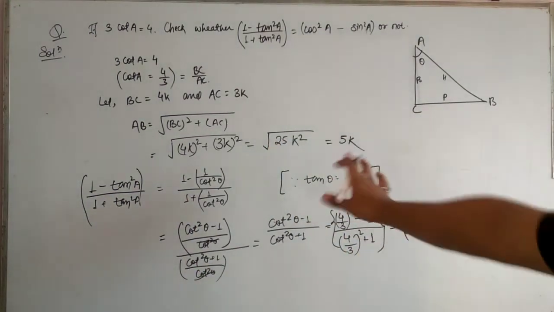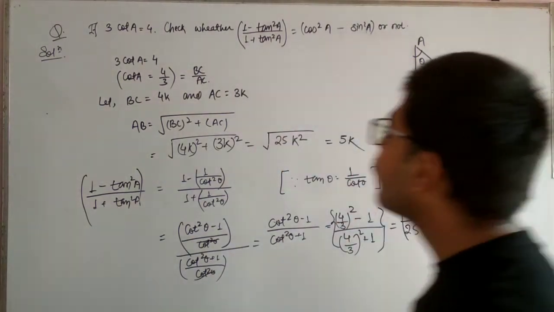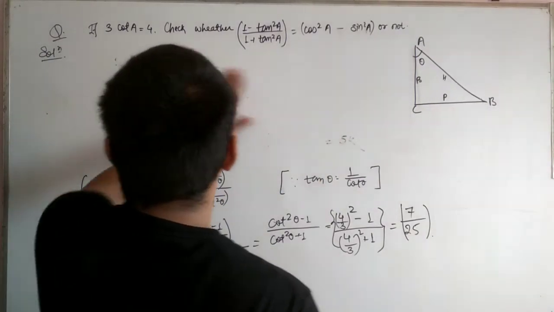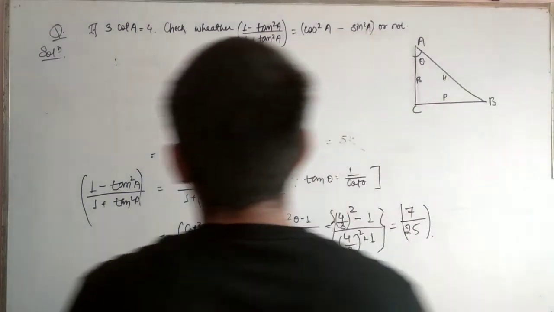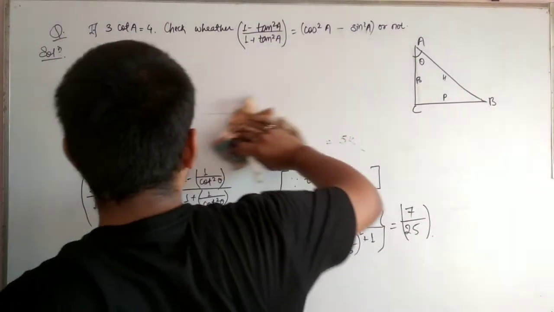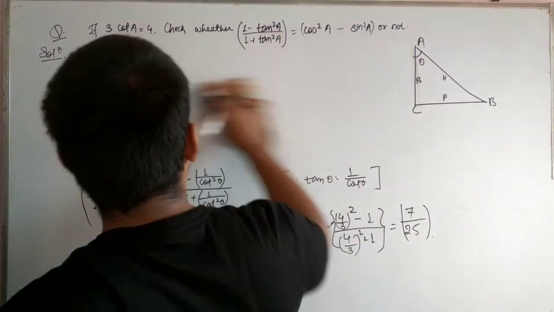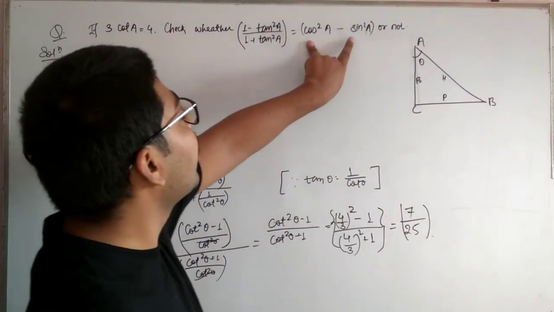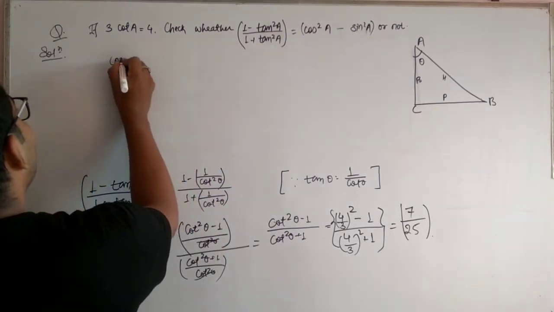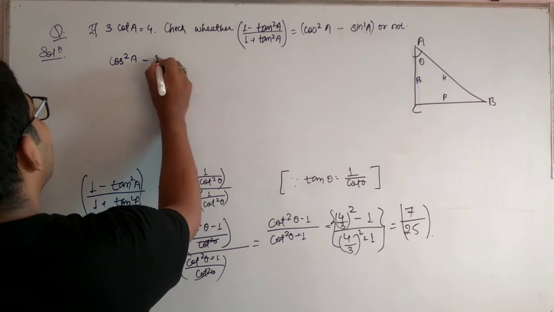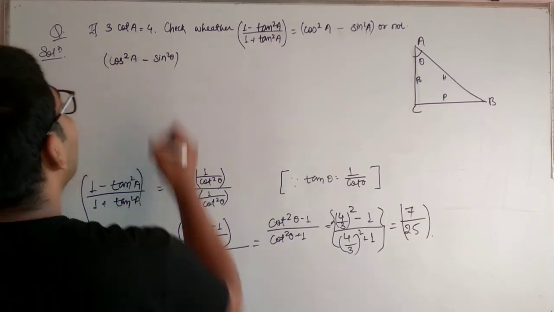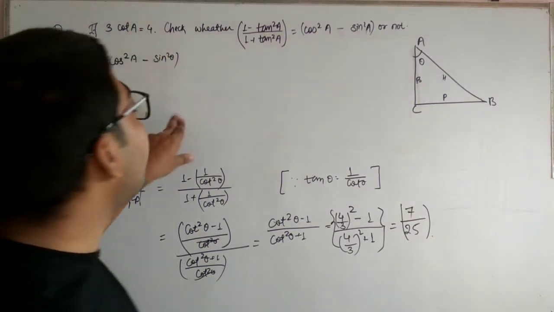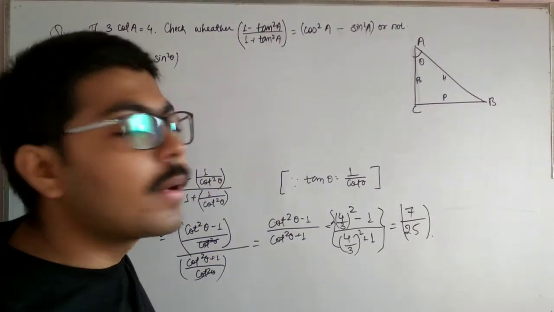Now I will erase the upper part to solve the other part. This part is cos square A minus sin square A. We cannot change this directly into the form of cot, so we will take the ratio.